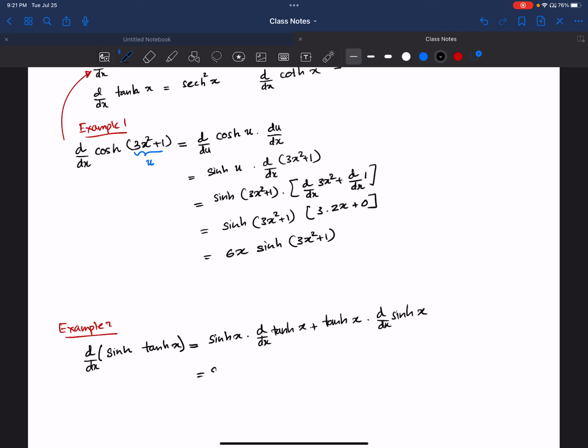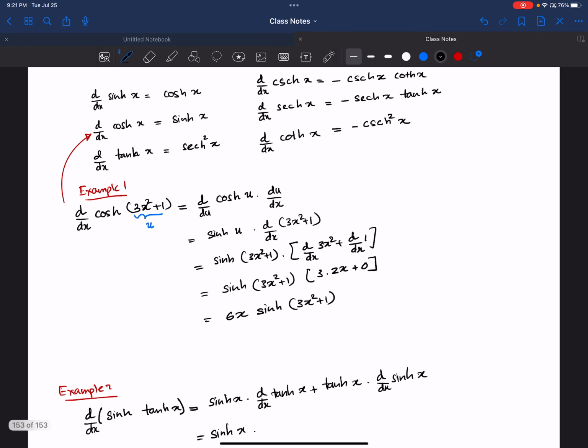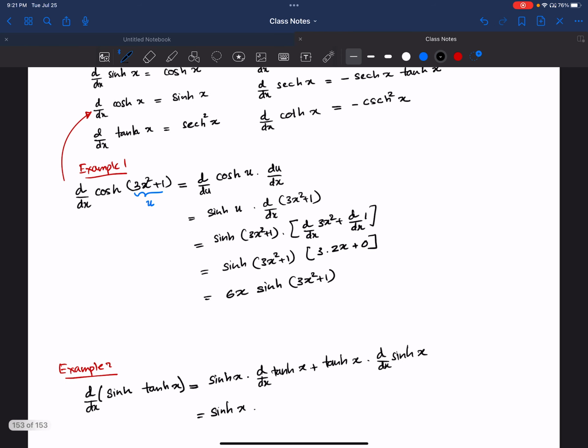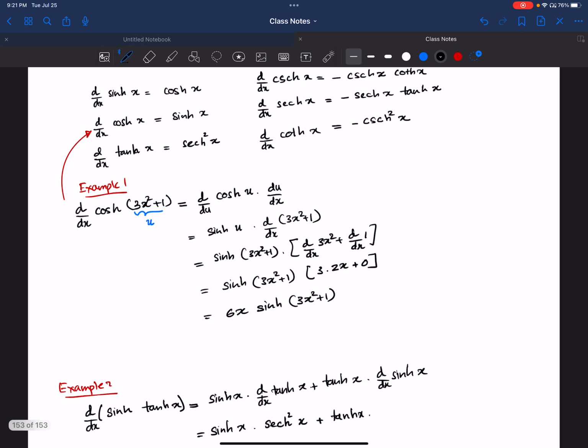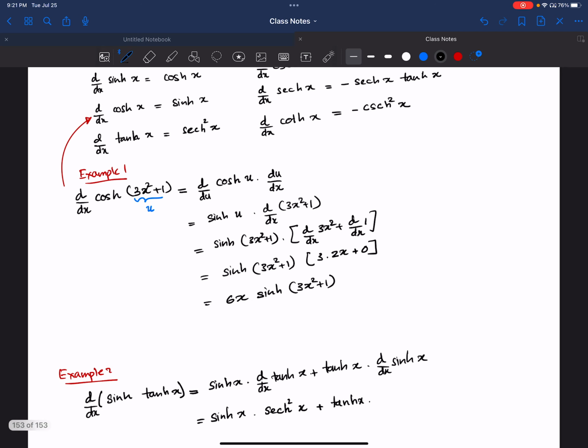So this is sinh x times hyperbolic secant x squared plus tanh x times hyperbolic cosine x. So this is cosh x.